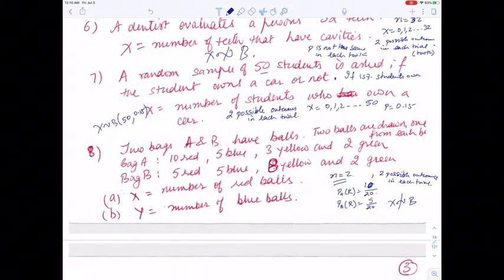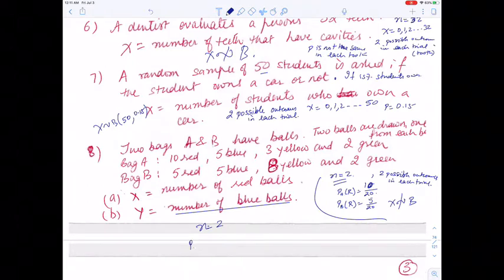How about Y? Again, we're drawing 2 balls, but we're asking how many, Y is number of blue balls. Now all these conditions are the same. N is equal to 2, the only 2 possible outcomes, it's blue or it's not blue in each trial.